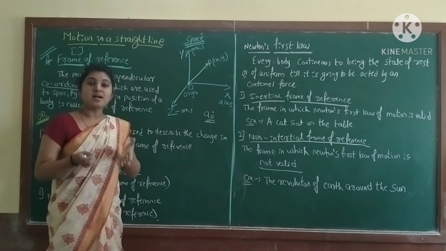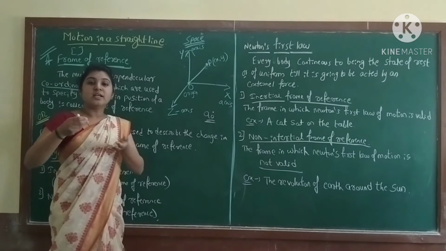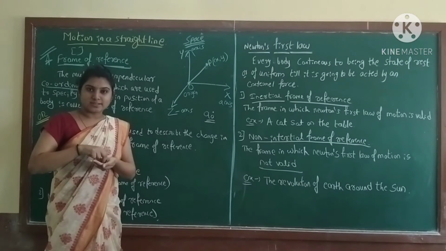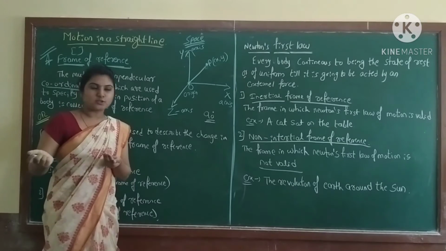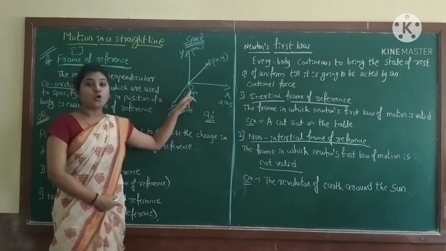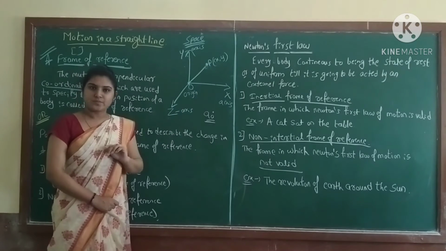That is nothing but the changing of the position, taking one position as a constant and another one as the next position. Understood? So it is the original position. It is now the present position. Yes?